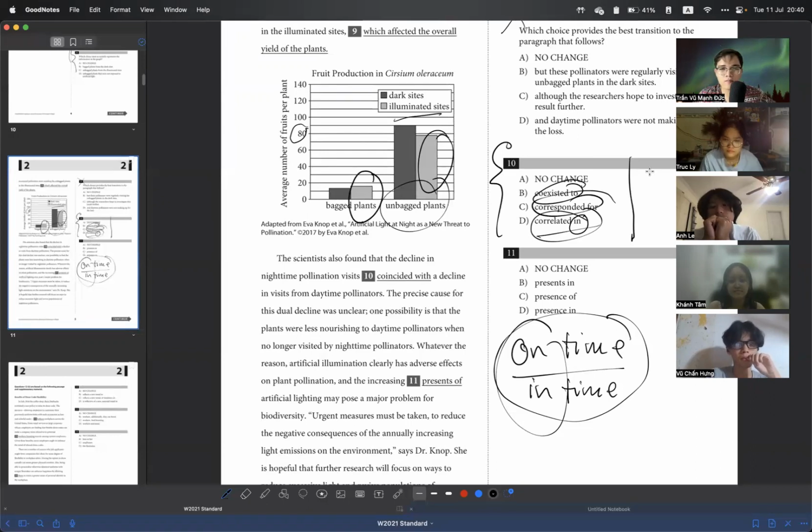Correlated in is more like comparing, and coincided is in parallel with, right? The scientists also found that the decline in nighttime pollination visits coincided with a decline in visits from daytime pollinators. It means that the two numbers change in parallel, simultaneously. But if I say correlate in, it is more of a comparison.